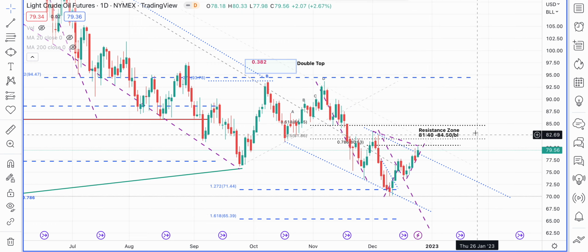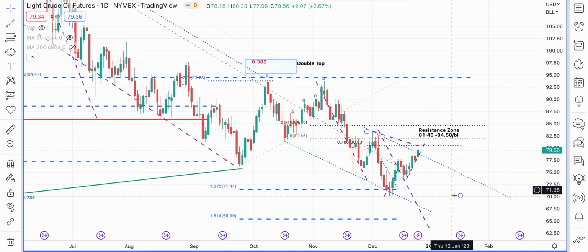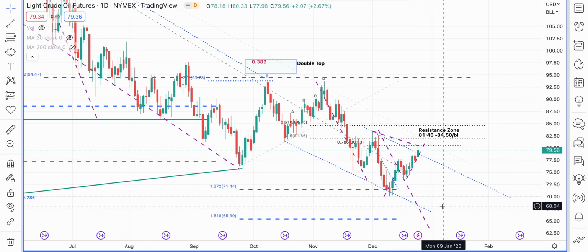We'll have to wait and see how the price will behave once the market opens up, and if it enters this zone, this is the area we will be watching for possible resistance. If the price finds resistance, there's a likelihood that it will move and complete an ABCD pattern anywhere towards this bottom range.